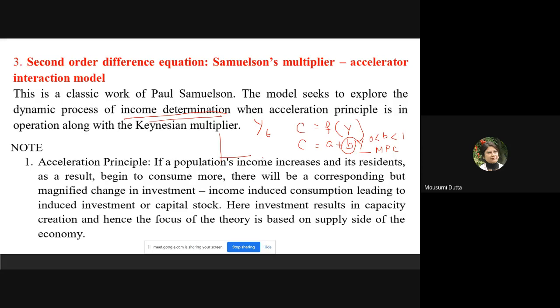Suppose I'm considering a graph for consumption and income.